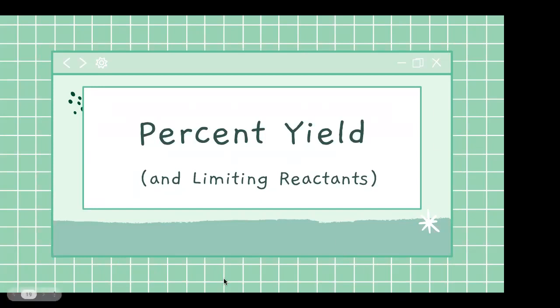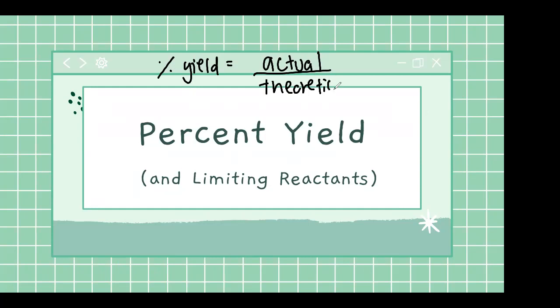Before we do that, percent yield: can anyone tell me the formula for percent yield? So we have actual over theoretical times 100, because of the percent. Actual is from an experiment, so it will always be given in a problem.